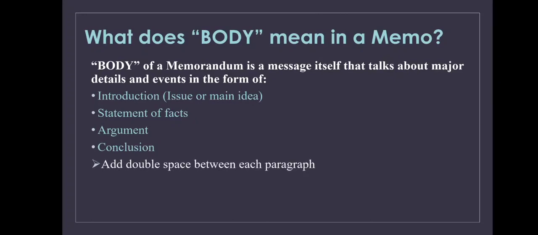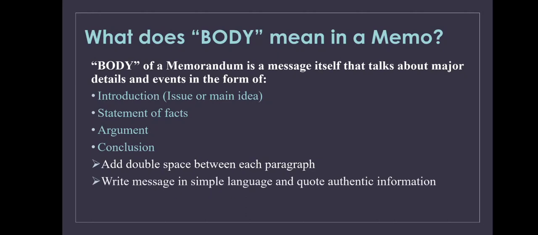While writing a body passage in your memo, keep in mind that you have to add a double space between each paragraph. If you have written two paragraphs, add a double space between them. Write the message in simple language and quote authentic information, which should be clear without any ambiguity or irrelevant information.